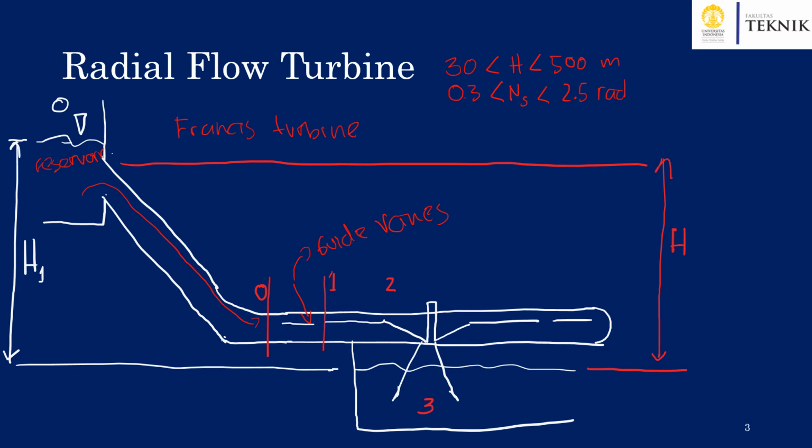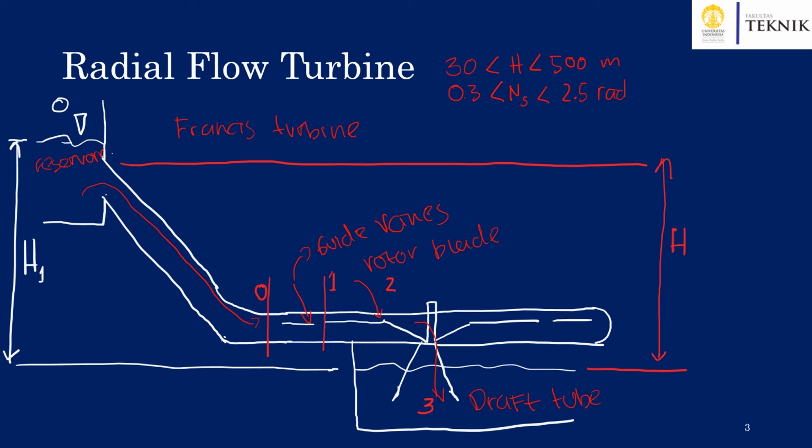After passing the guide vanes, the fluids will enter the rotor blades, where in the rotor the fluids will flow radially through the rotor vanes and then exit to the area under the turbines, or the outlet of the turbines. We normally call it the draft tube.